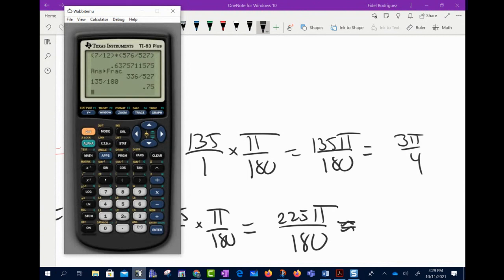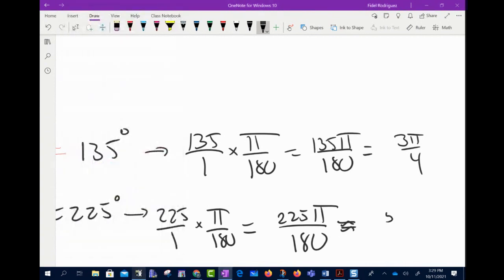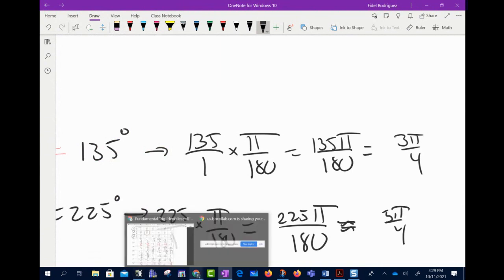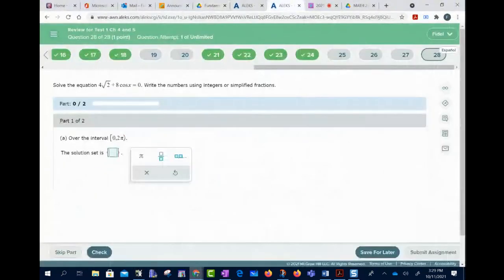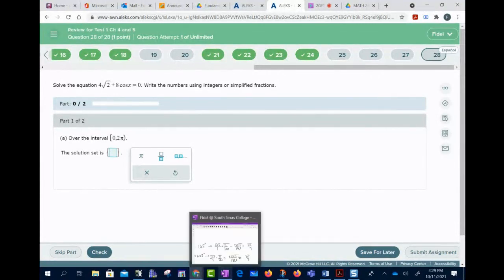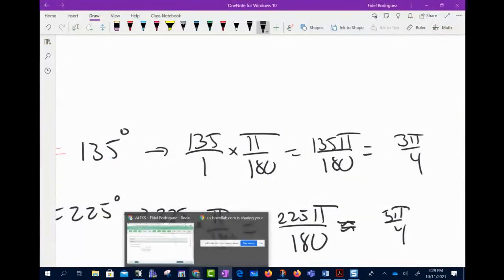And then the same thing here, this is 225 pi over 180. And John, you said that was 5/4? It's not that I don't trust you, I just want everybody to see the calculation. Very good. 1.25, 5 pi over 4, right? Okay, so now when I come back to the original question, over the interval from 0 to 2 pi, we came up with 3/4 pi and 5/4 pi, right?